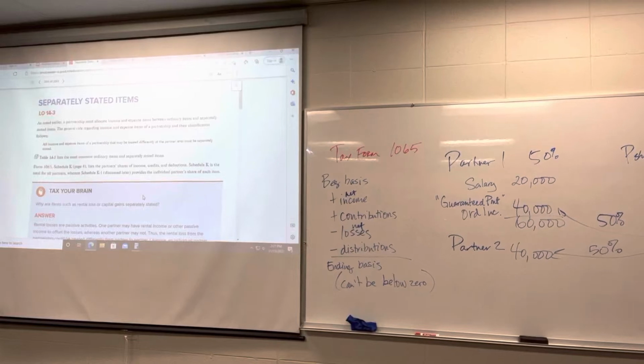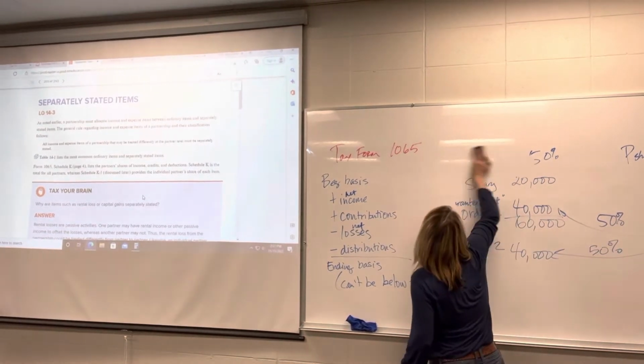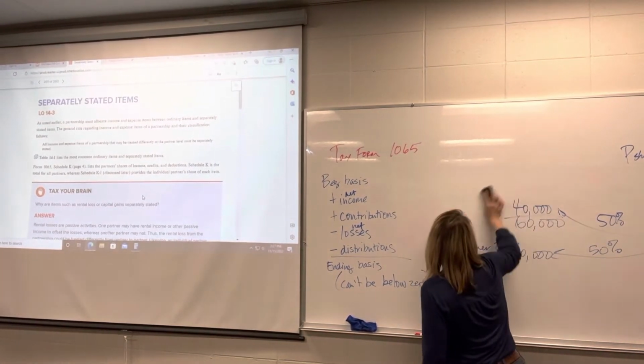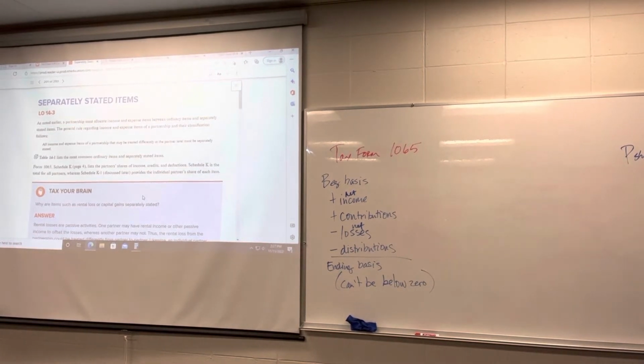Okay, last part that we're gonna go over today are these separately stated items. So like I said, the ordinary income, that's just everything. It's our gross income minus all of our ordinary and necessary business expenses.